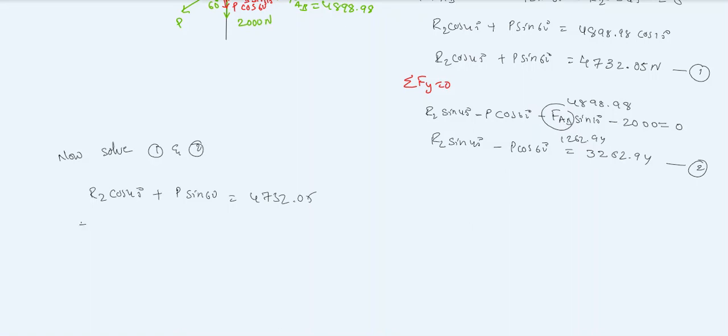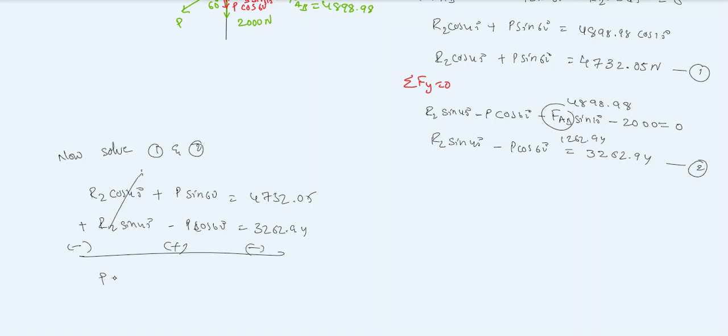Equation 2: R2 sin 45 minus P cos 60 is equal to 3262.94. If you subtract equation 2 from equation 1, the R2 terms automatically cancel, and minus of minus becomes plus.